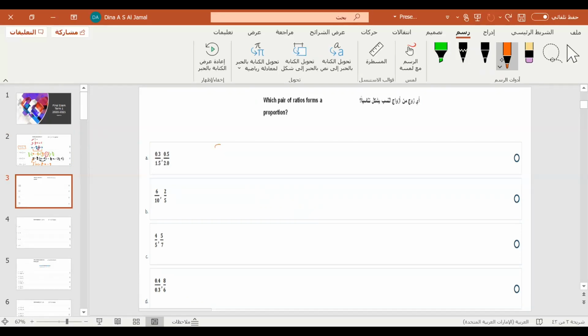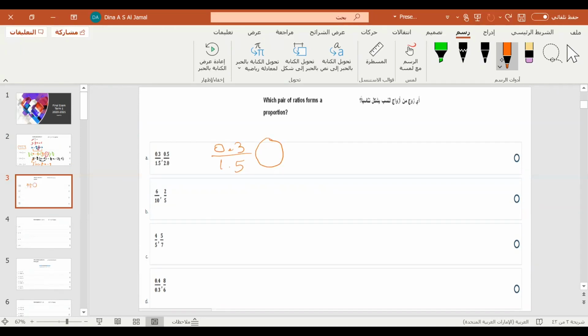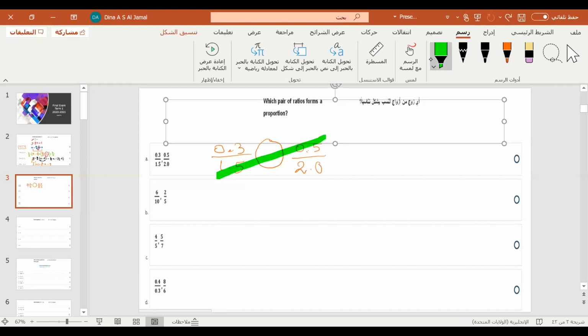Let's, for example, try 0.3/1.5, and then I will be having 0.5 over 2.0, which is 2. Now you can just multiply the cross product.